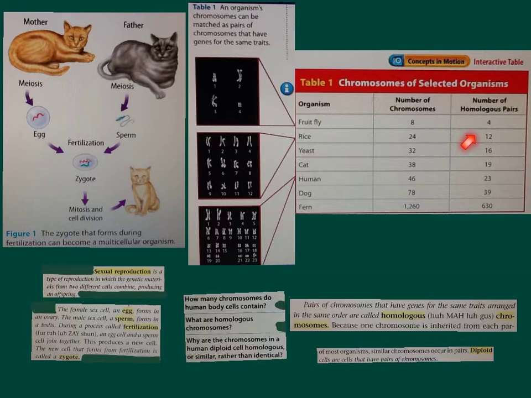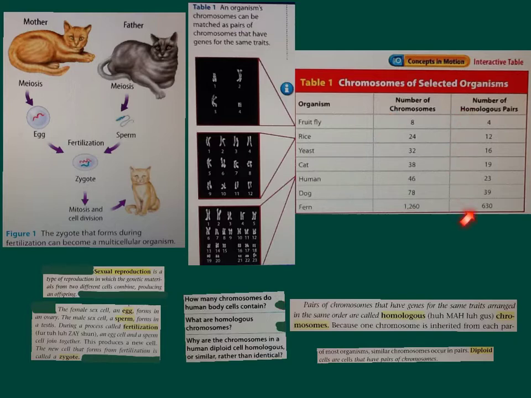Okay, so let's take a look at this chart, this one right here. I have a question about these numbers here, the number of homologous pairs, and this number right here, the number of chromosomes. What can you conclude from this table about the relationship between the number of chromosomes and the number of homologous chromosome pairs in an organism's body cell?